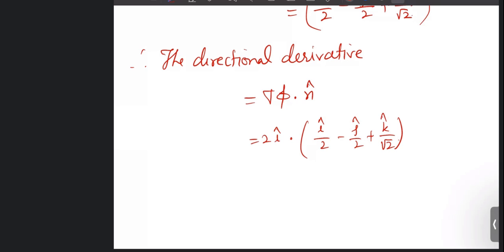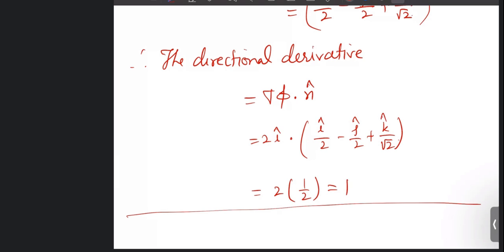Only i multiplies with i, the others will become 0. So only 2 into 1/2, that is 1. This will be the directional derivative of the given function in the given direction.